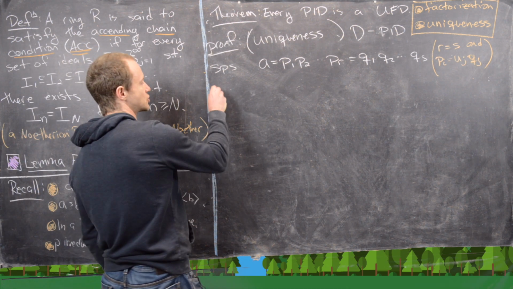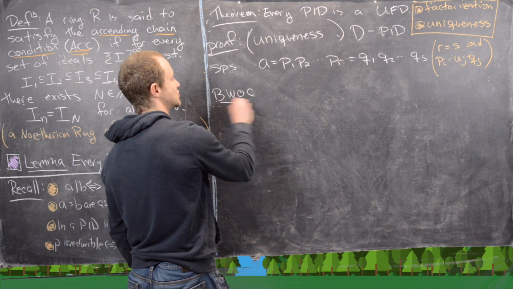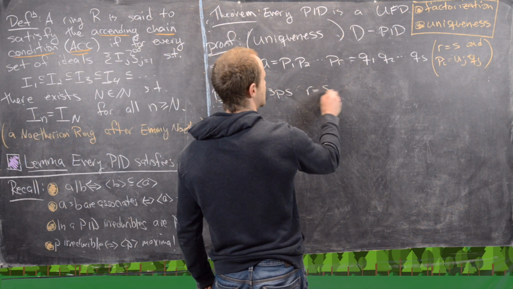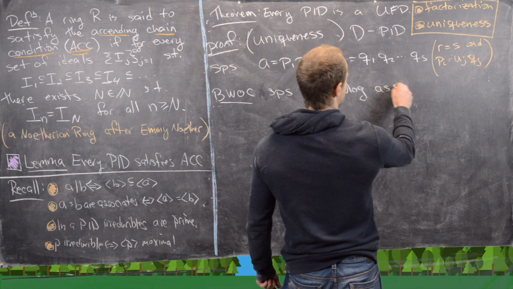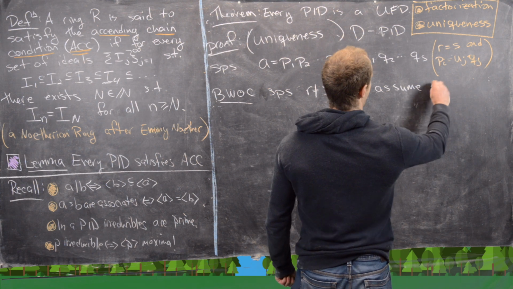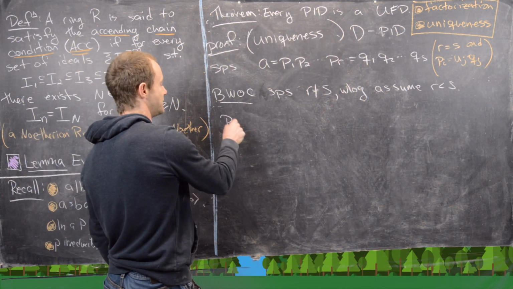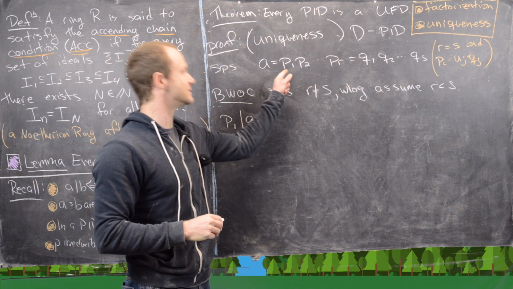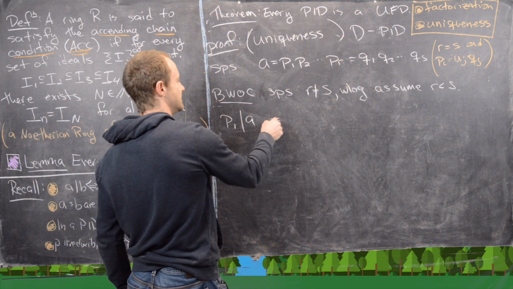So now we're going to work towards a contradiction on the size of R and S. By way of contradiction, let's suppose that R is not equal to S. And without loss of generality, we can assume that R is less than S. Now notice that P1 divides A. In fact, P1 times P2 up to PR is equal to A. So that's kind of the definition of divisibility.